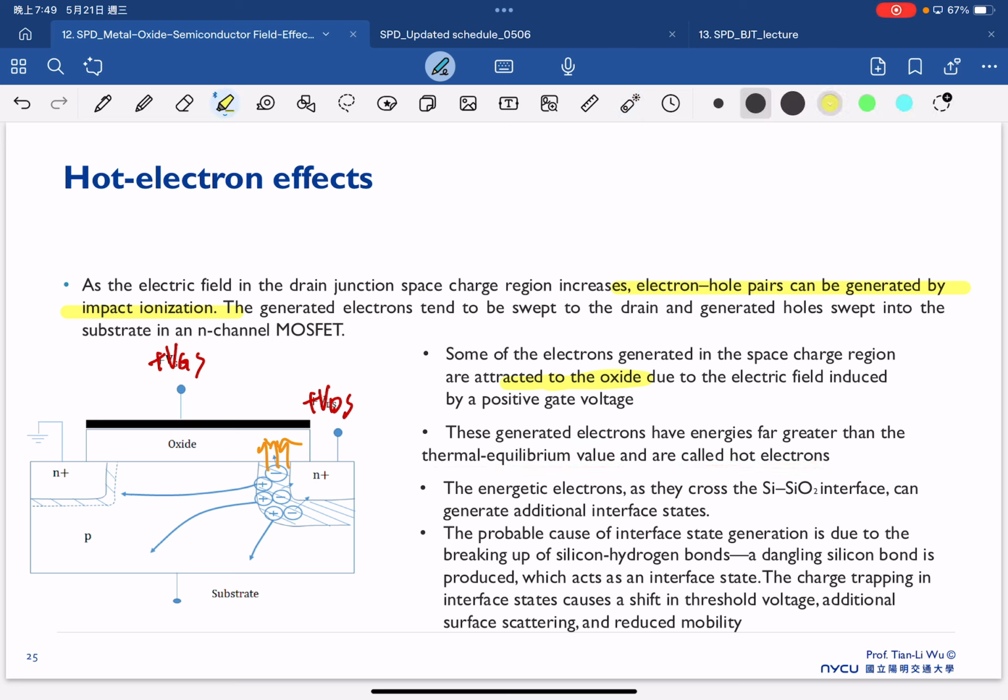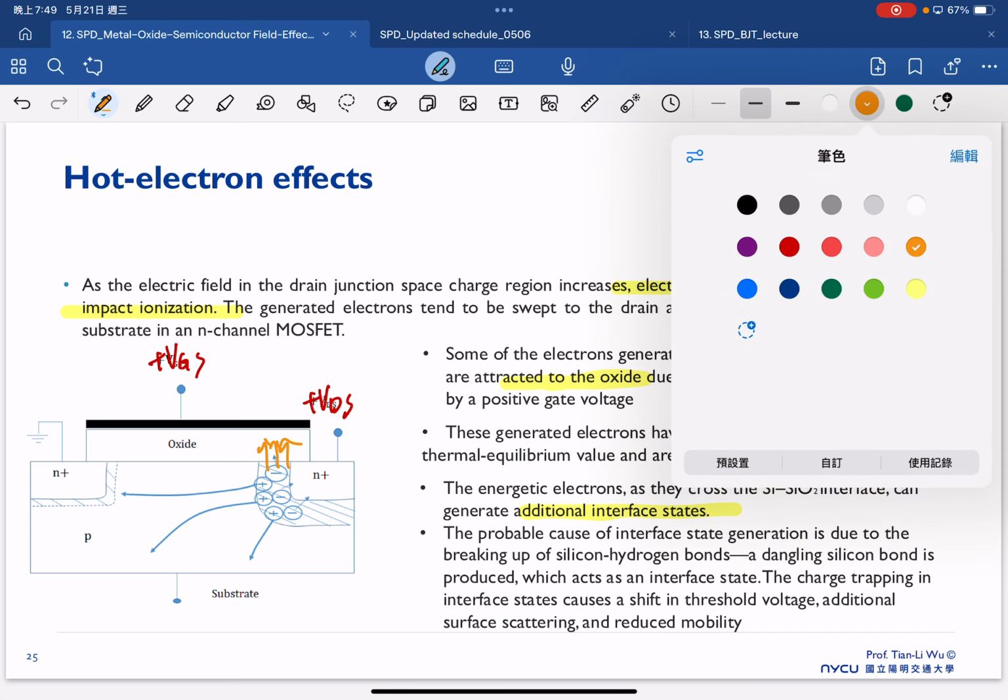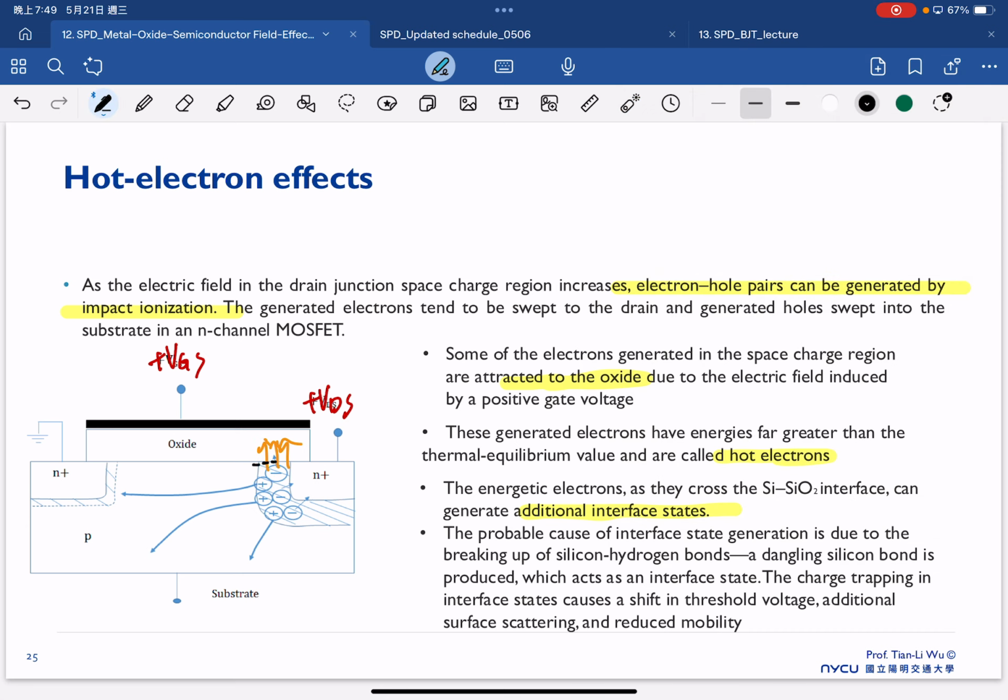The reason we call them hot electrons is because these are energetic electrons with a higher energy. These energetic electrons will cross the silicon dioxide interface and generate additional interface states.